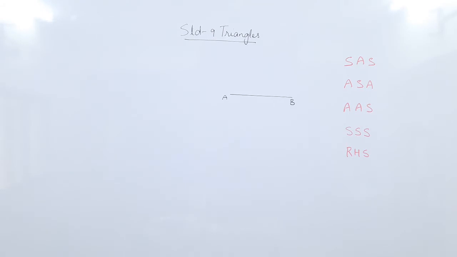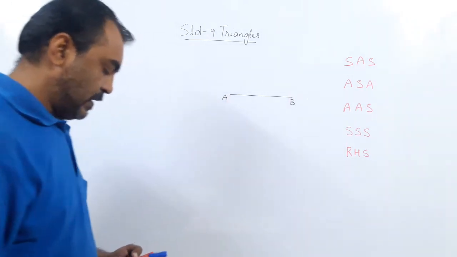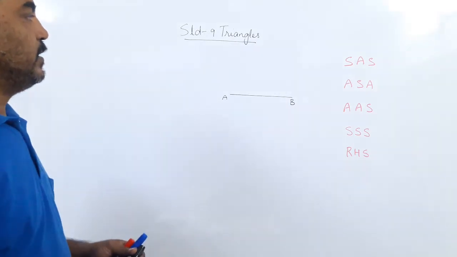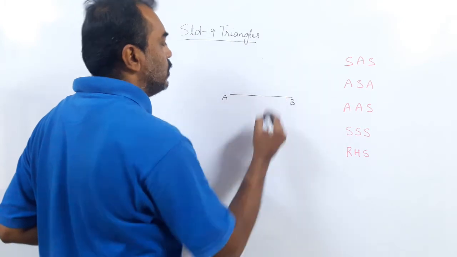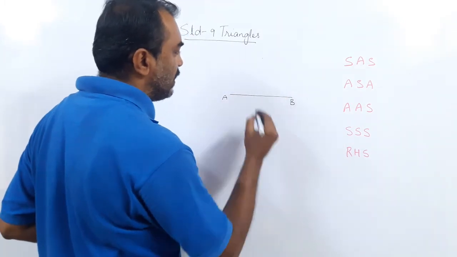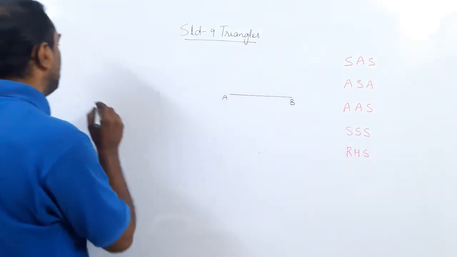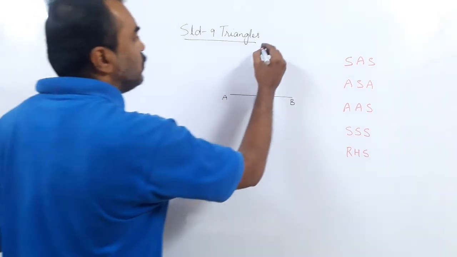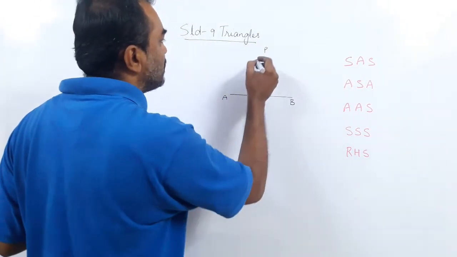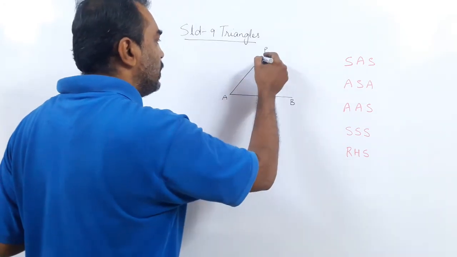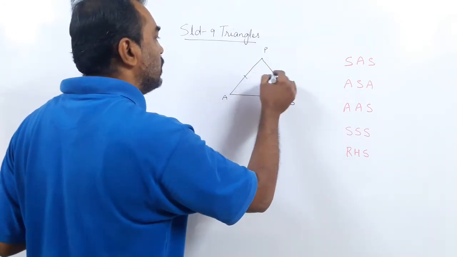Okay. Now let us look at this sum. We are given a line segment AB. Okay, it is given to us. Now we are given 2 points P and Q on the opposite sides of AB such that AP and PB are equal.